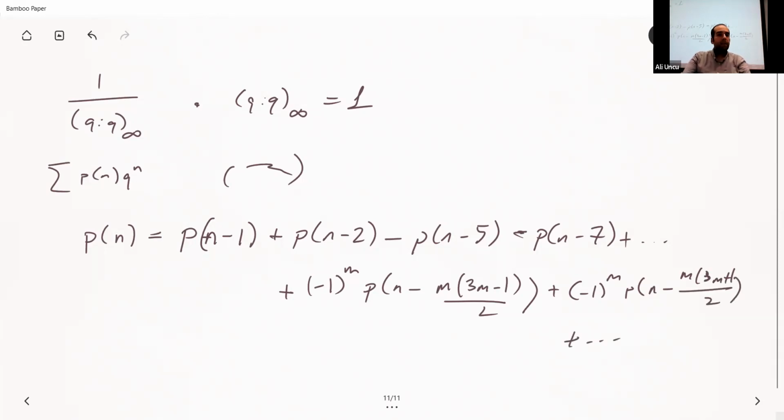So it's an infinite recurrence, but you can calculate P of n from smaller values of P of n using this recurrence.